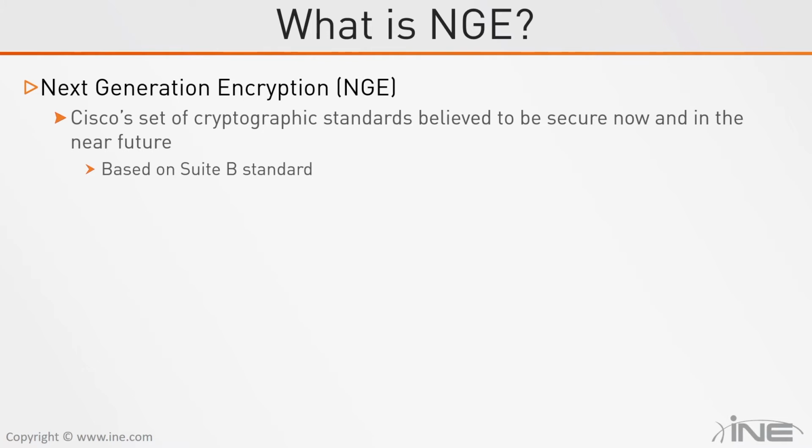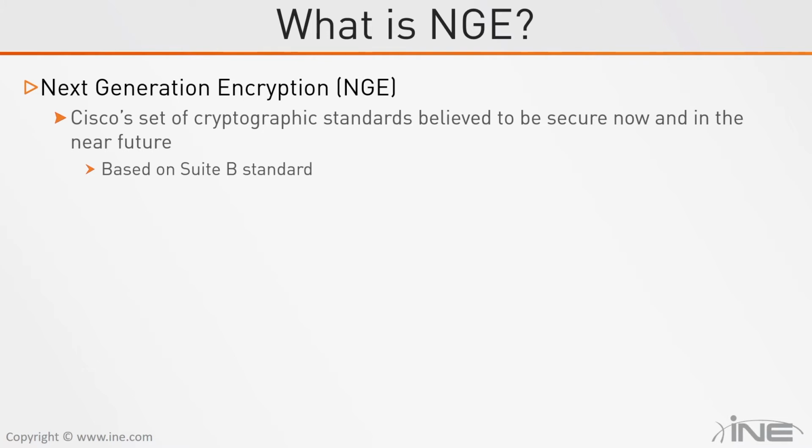Cisco's logic is to help their customers become compliant with the Suite B specification, which is commonly implemented by many of the regular compliance standards, such as HIPAA, maybe FIPS, PCI.